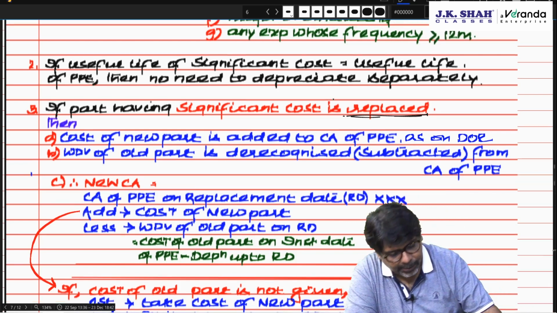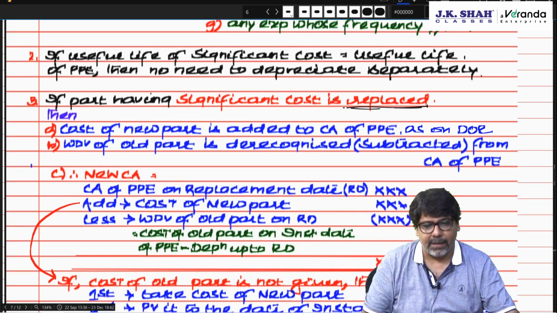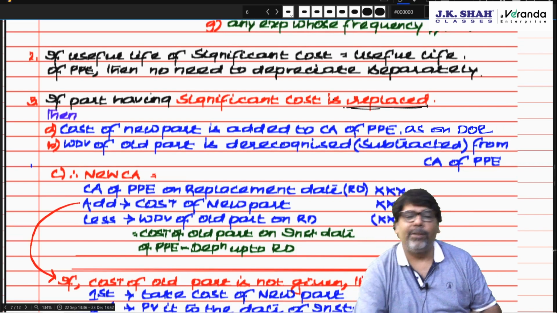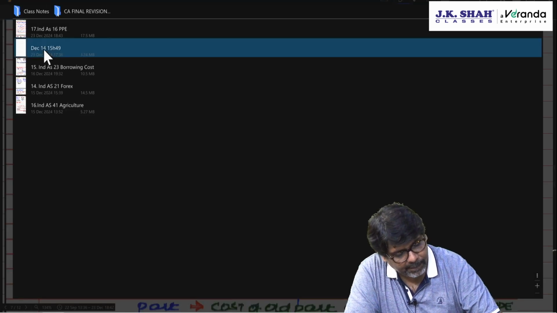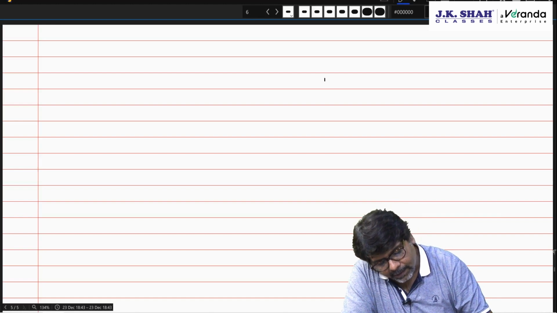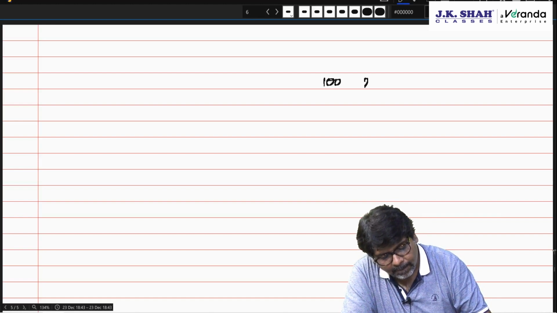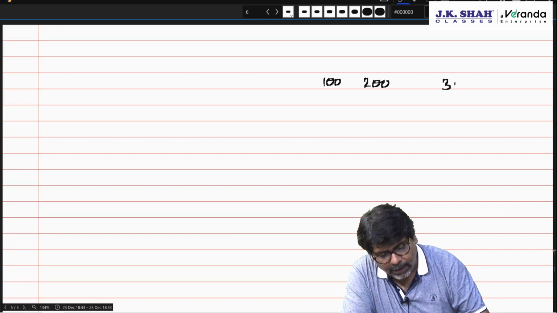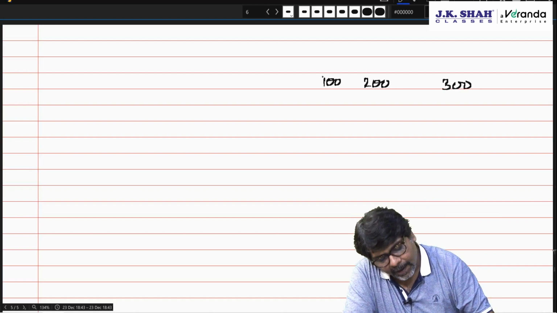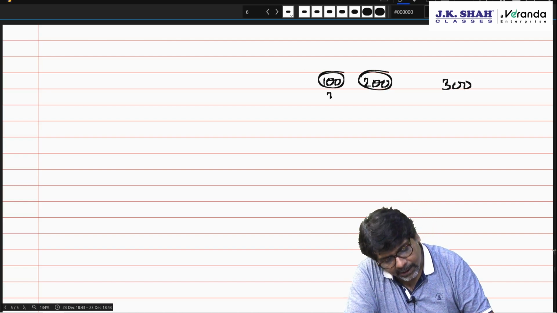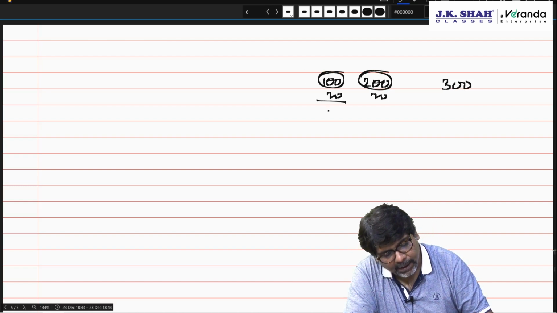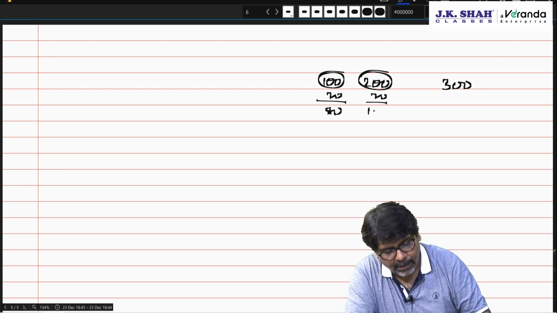Now chartered, as I told you, suppose there are two parts. Suppose one part is 100, the other 200, total 300 is the cost of the asset. One has a life of 5 years, the other 10 years. So both are depreciating at 20, 20, 20, 80 and 180.